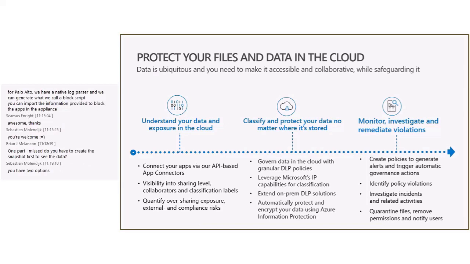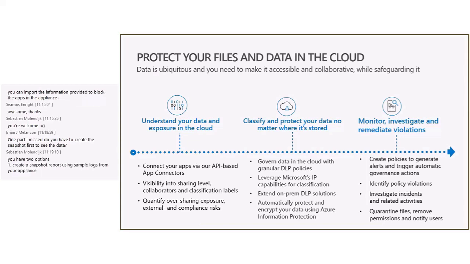So first of all, what we want to do when you start working with cloud app security is understand what kind of data you have in the cloud and see the kind of exposure you have for your data in the cloud. So the first thing you will want to do is use those API connectors to connect to your sanctioned and well-known cloud applications. Those applications are Office 365, Salesforce, Box, Dropbox.